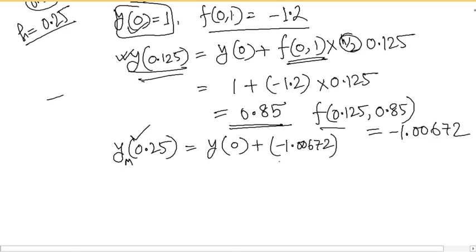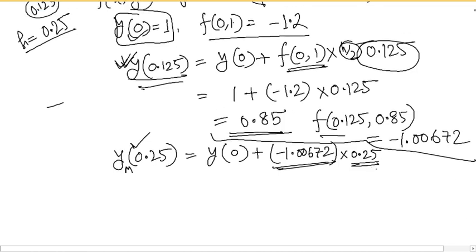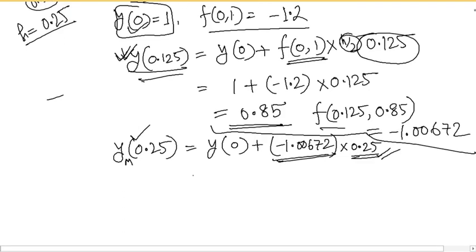So I am using the slope of the midpoint in the Euler method instead of the initial point slope. That is the correction, multiplied by h, that is 0.25. In this case I am using the original h. While determining the midpoint we used half of h, but now the usual h will be used here.